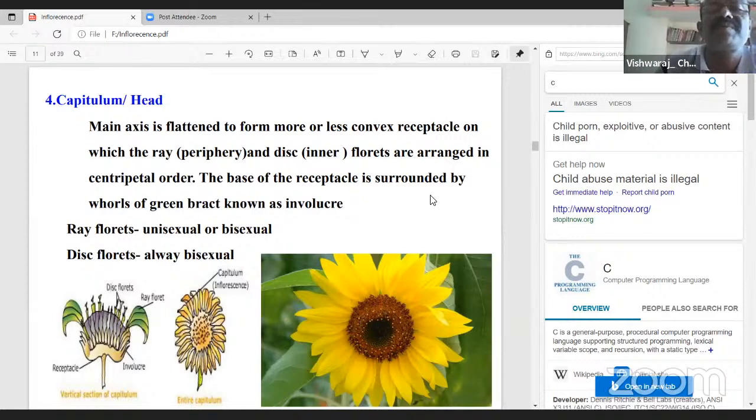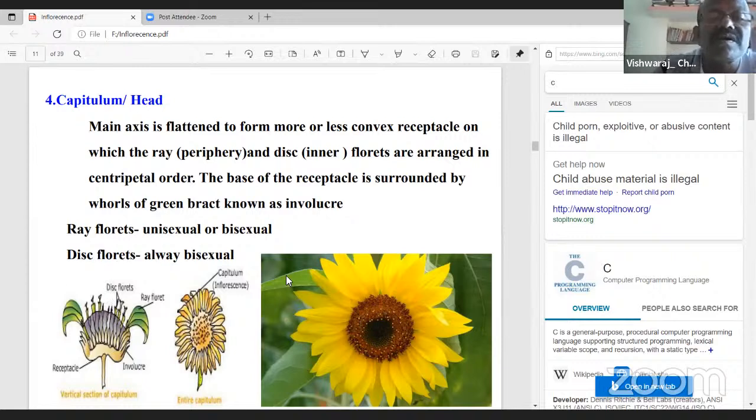The base of the receptacle is surrounded by a whorl of green bracts. Receptacle means the part on which this group of flowers develops. This is the receptacle. This is a ray floret, and this is a disc floret.